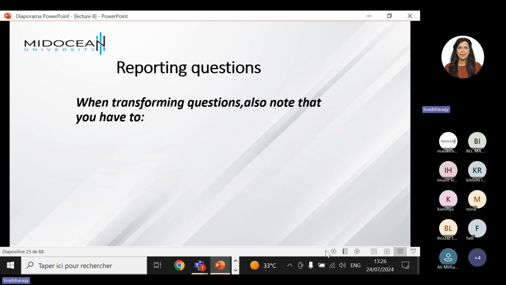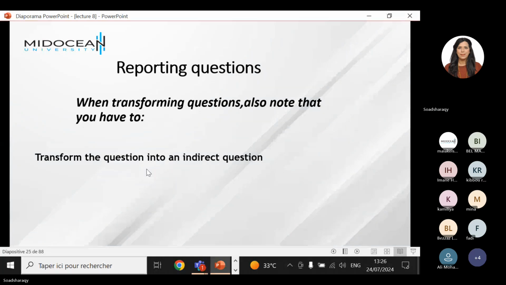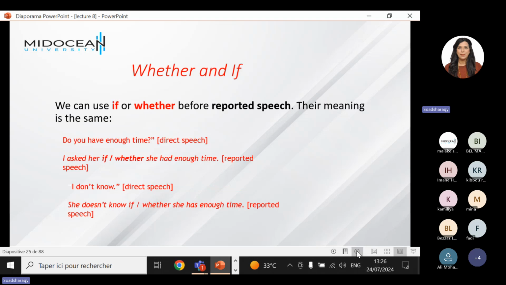Reporting questions now. When transforming questions, also note that you have to transform the question into an indirect question. So use the interrogative or if, whether. We can use if or whether before reported speech.